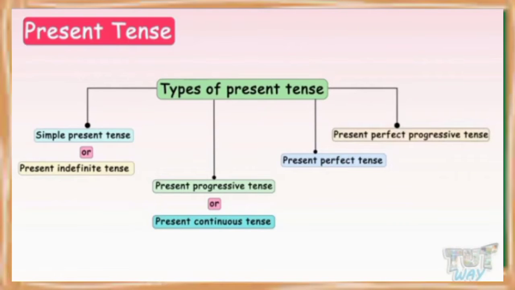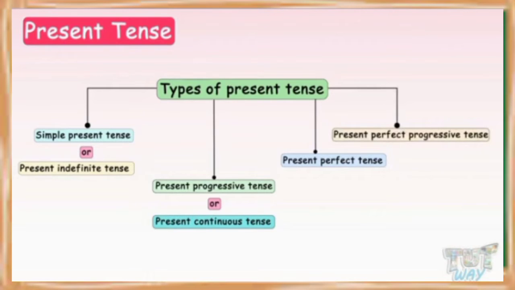So to know more about the various tenses, we have four types of present tense. These are simple present tense or present indefinite tense, present progressive tense or present continuous tense, present perfect tense, and present perfect progressive tense.